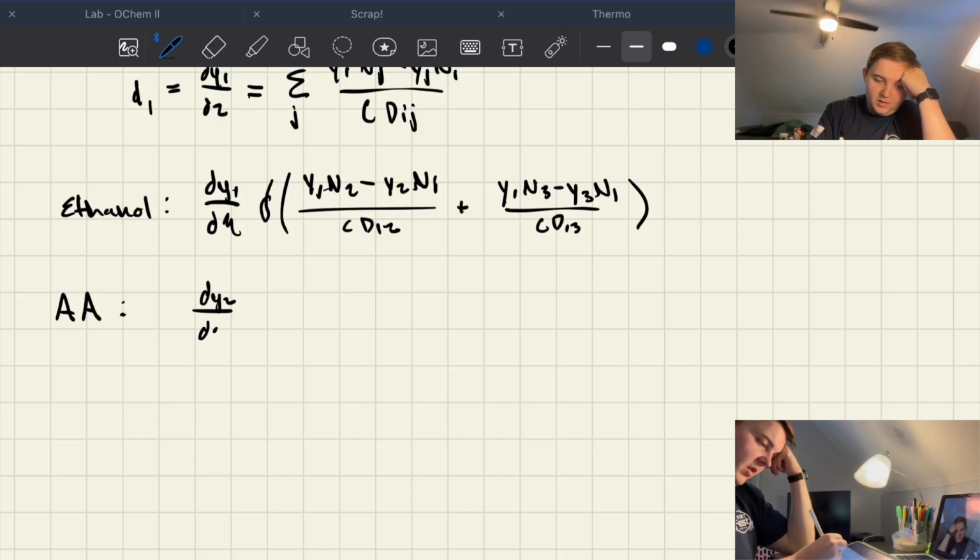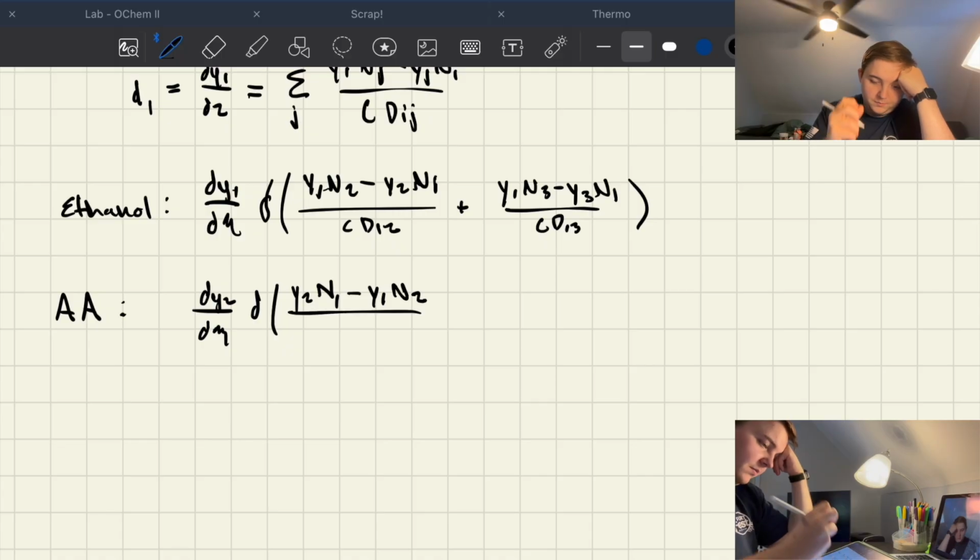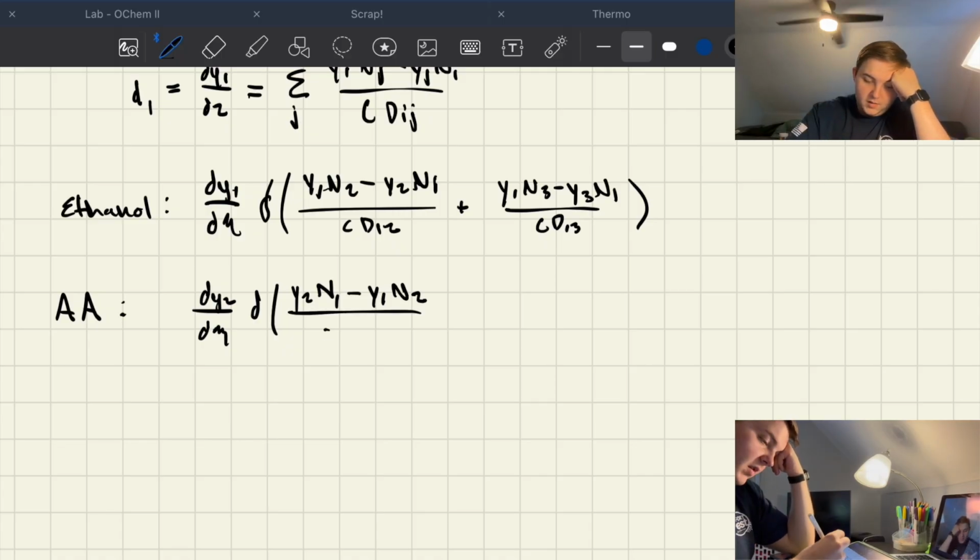We're basically going to copy exactly the above, but change the 1 for 2. We have y2 N1 minus y1 N2 over C D12. Jeez, why do I keep doing that?